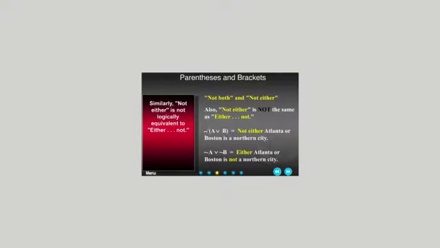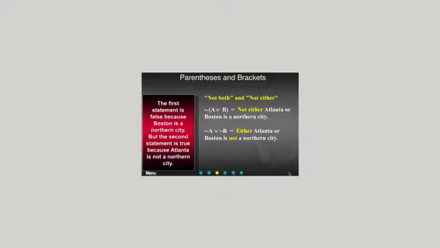Okay, so not A or B means not either Atlanta or Boston is a northern city. This is not equivalent; when we get to the truth tables, you'll see this more. Atlanta or Boston is not a northern city. So we put not A or not B, right? So here again, let's look at this again.